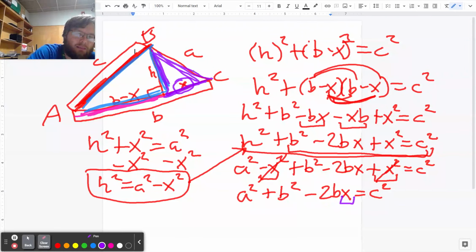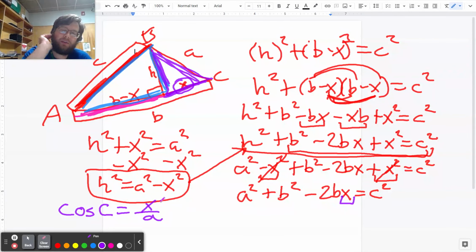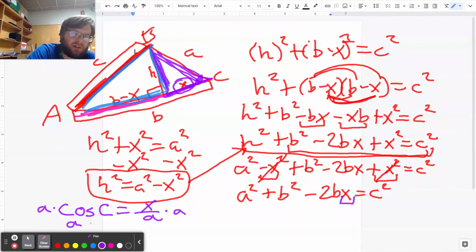And I can set up the cosine of the letter c is equal to adjacent over hypotenuse. So I'm just looking at the purple triangle. Angle C is right here. So x is adjacent and a is hypotenuse. And if I multiply both sides by a, I get this really nice substitution.